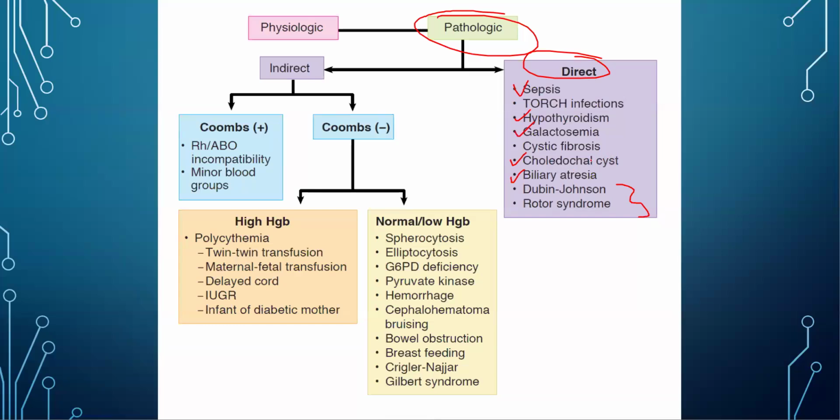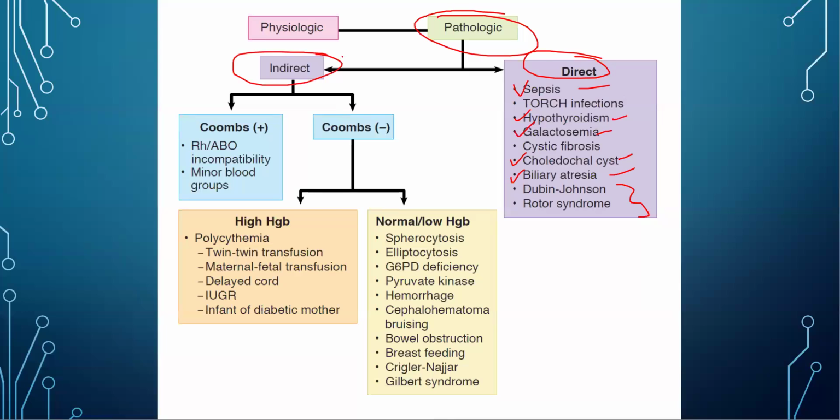So if you think it is choledochal cyst or biliary atresia, then you will just do an ultrasound. If you think galactosemia, then you will do some test for it. Hypothyroidism, you will do a thyroid function test. Sepsis, you will do a blood test.